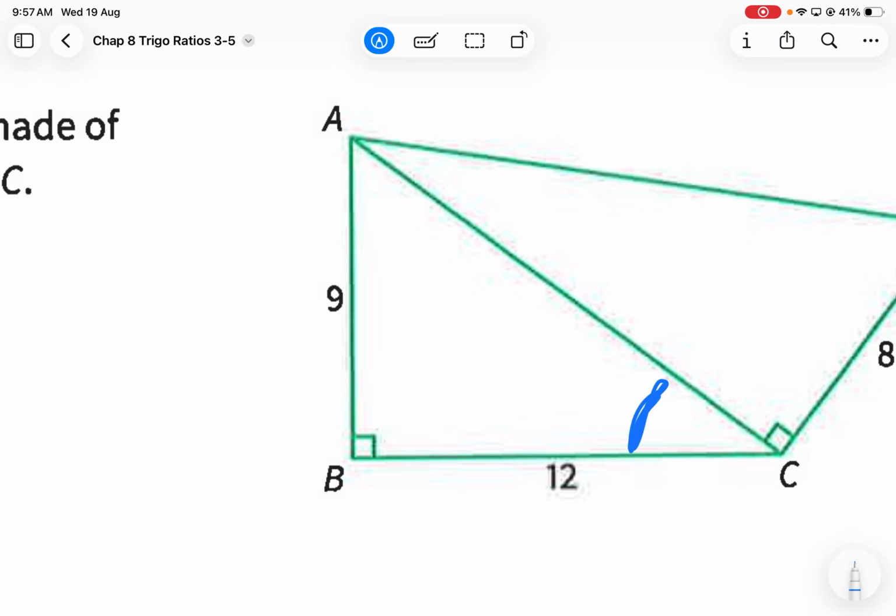Then I need three things. The other two pieces of information within the right angle triangle are 9 and 12. So I need to use 9 and 12 to find this angle. According to this angle, what are my 9 and 12? 9 is opposite my angle. AC is the longer side in this right angle triangle, so AC itself is the hypotenuse already.